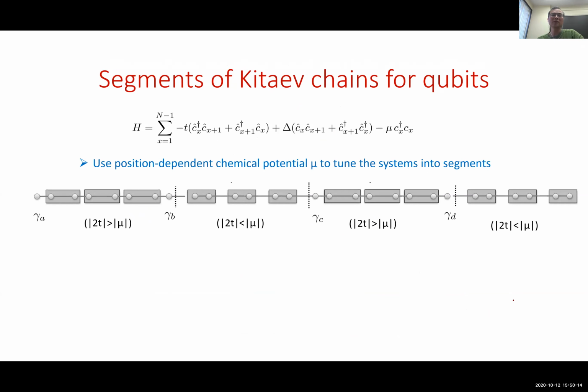Okay, you could imagine different regions having different gate voltages. For example, in this region it's topological, so you have 2 zero modes, but in here you don't. And here you also have 2, right?